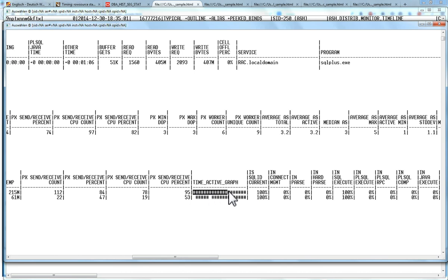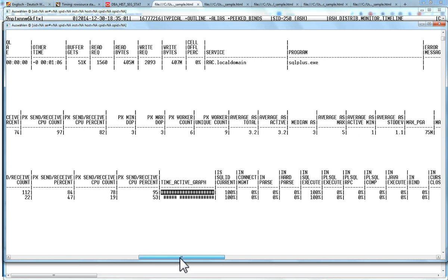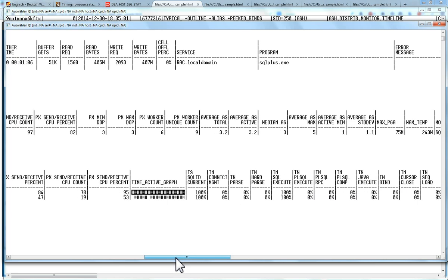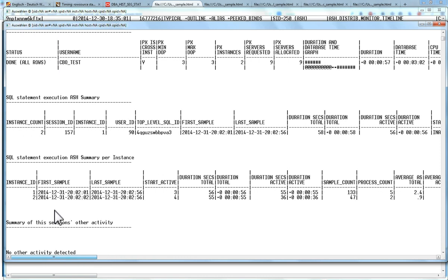So this is basically a graphical representation where this is the start, corresponding to the first sample, and this is the last sample, and this indicates the activity in between. So basically, were there any samples found for these sample points in between or not? We can see here there were obviously some sample points where the second instance was not really doing anything, whereas the first instance was doing something all the time. And the remaining flags are again the same that you see from the overall global summary in the previous section.